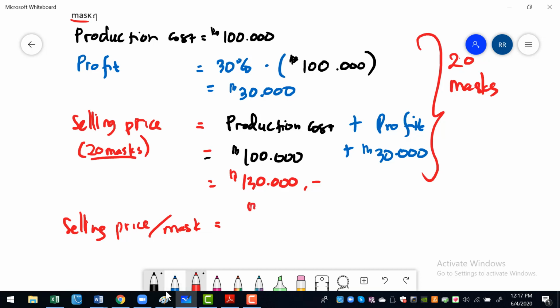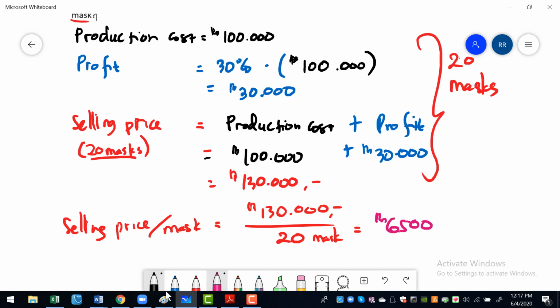So it will be equal to 130,000 rupiah divided by 20 masks. If you divide it by 2, you will get 6,500 rupiah per mask.